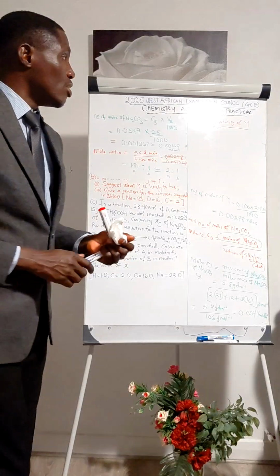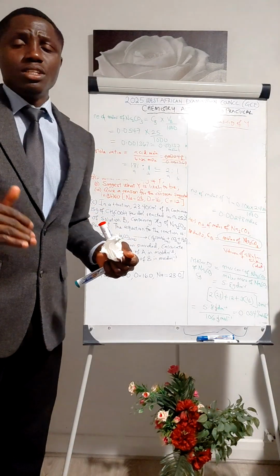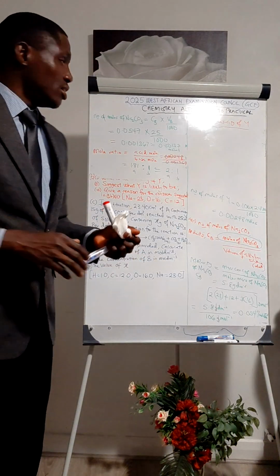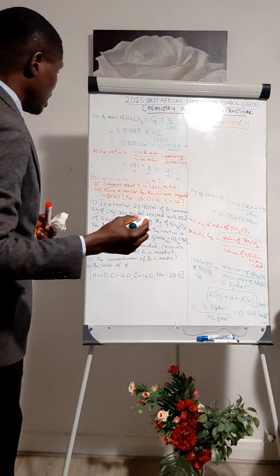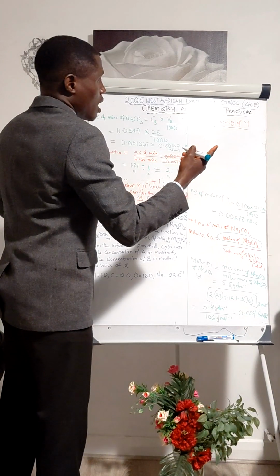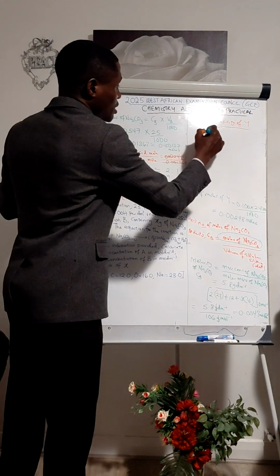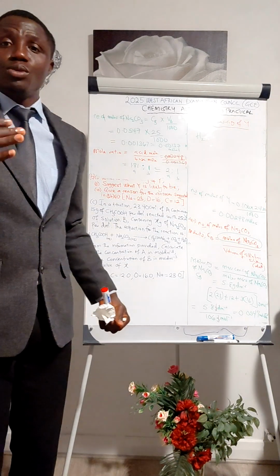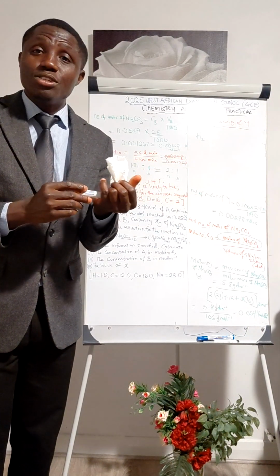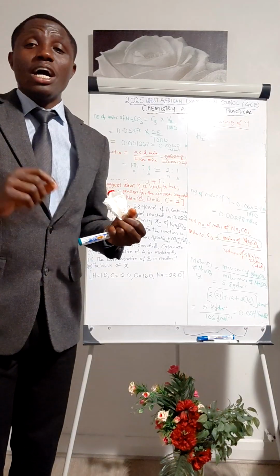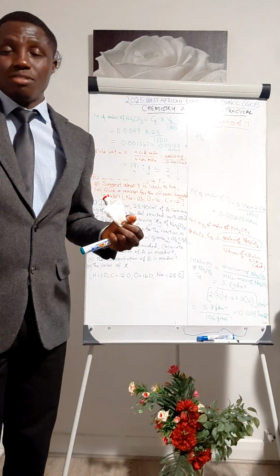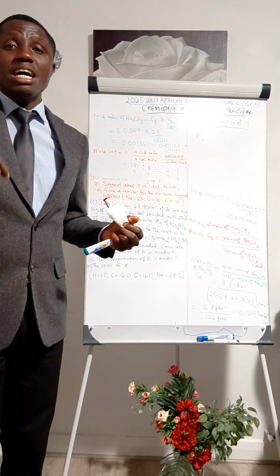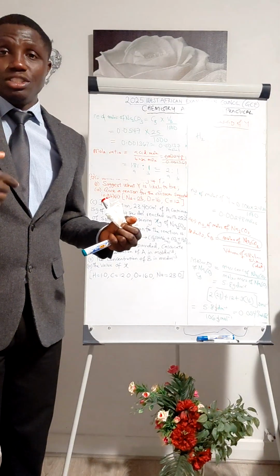Now, when I mean replaceable hydrogen ion, acids usually contain hydrogen, because an acid is defined as a substance which, when dissolved in water, produces hydrogen ion as the only positive ion. That's why they have hydrogen ions in them.